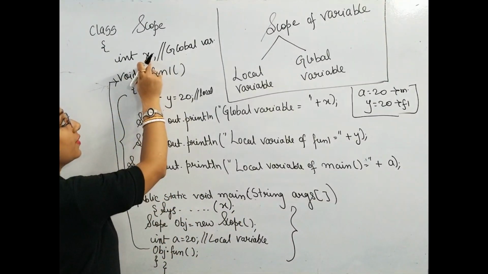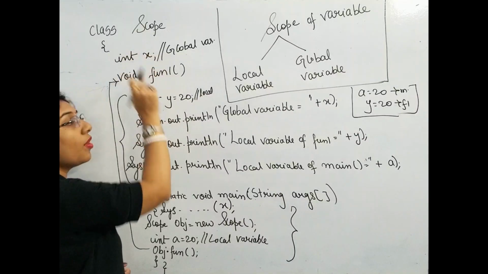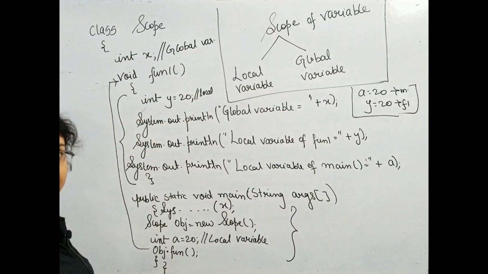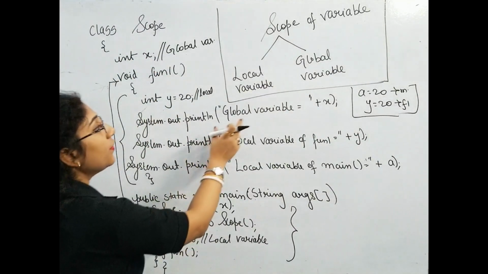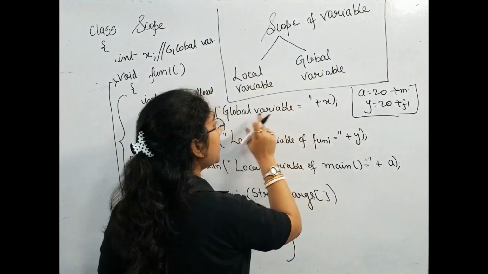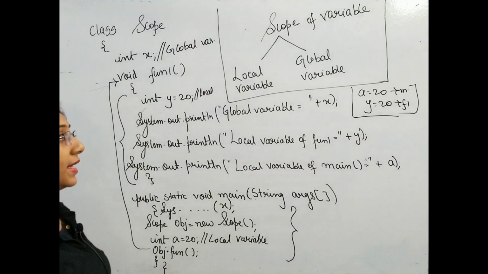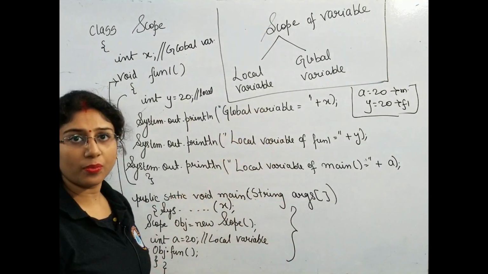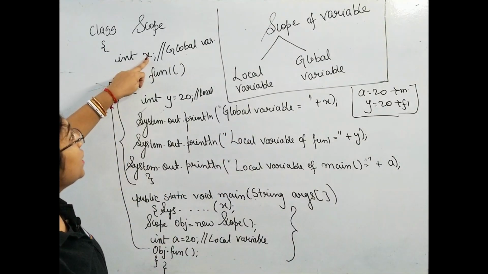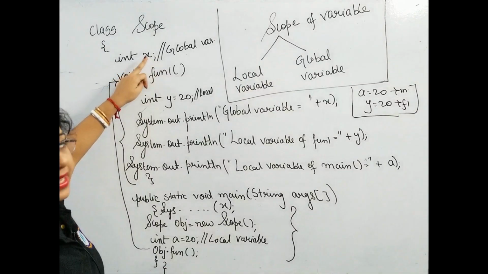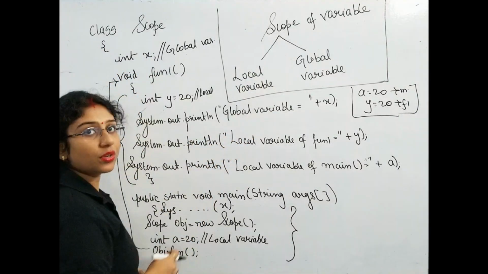Because it's a global variable. It will be accessible from all the functions declared inside the class. Clear? So it will not generate any error. It will just print the global variable x. As x does not contain any value, it will print 0, because the default value of an integer is 0.